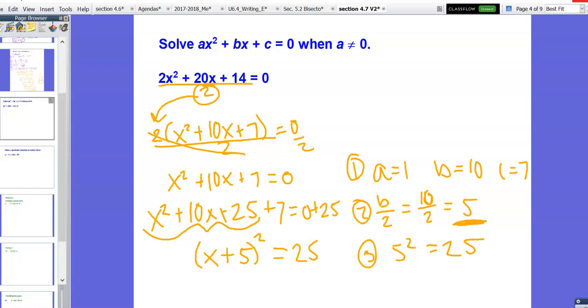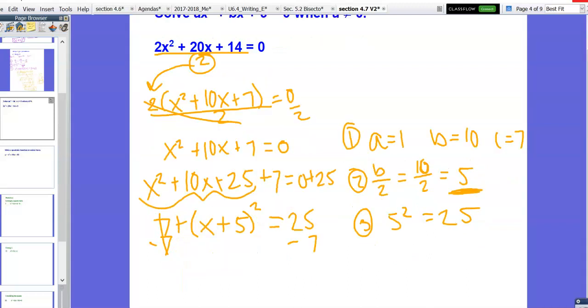Oops, and I did not leave enough room for plus 7, so I'll put that up front. Now we can subtract 7 from both sides. So we have x plus 5 squared equals 18.